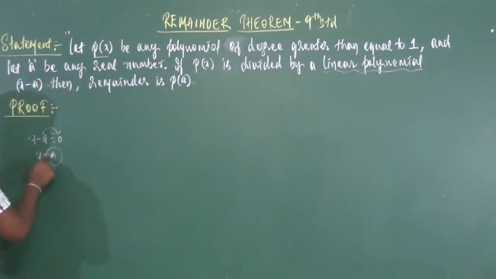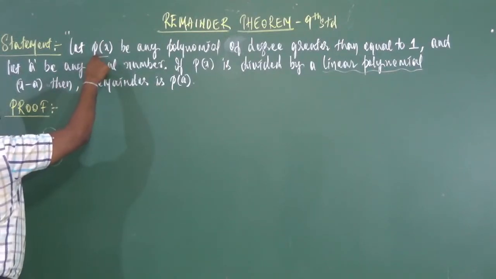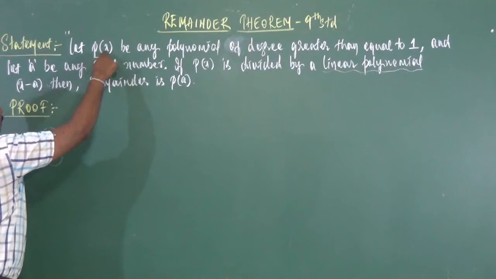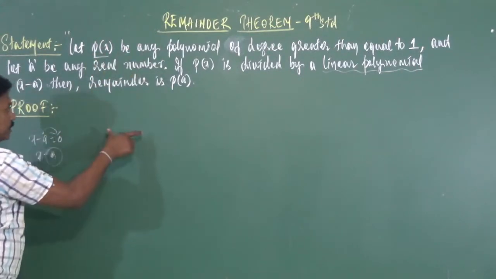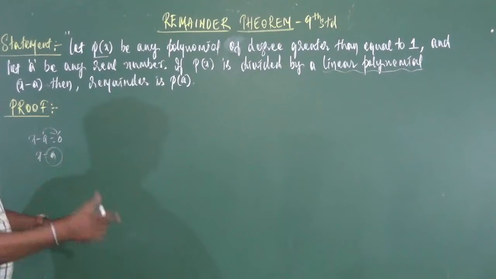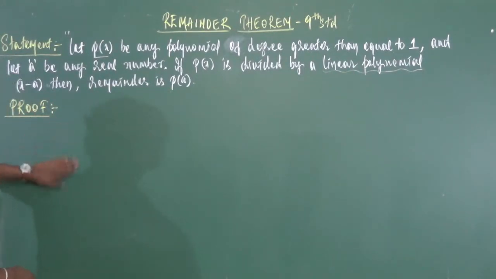In place of x you are going to substitute a, so it becomes p of a is equal to something, and you are going to simplify that. At last you are going to get p of a as some number. That is the remainder, that is, the remainder is p of a. So you have to prove this.